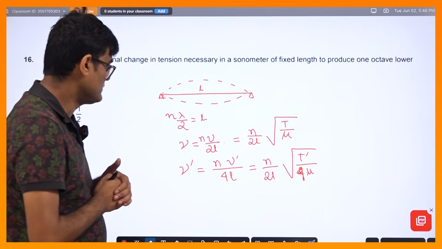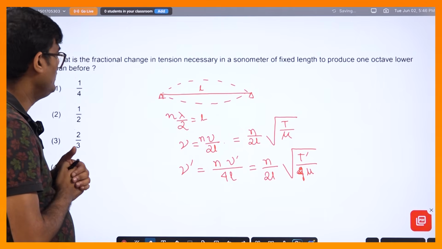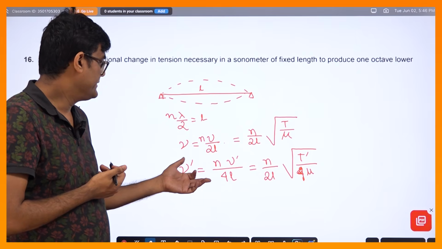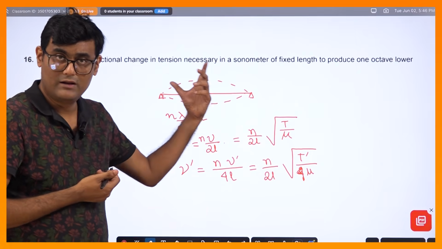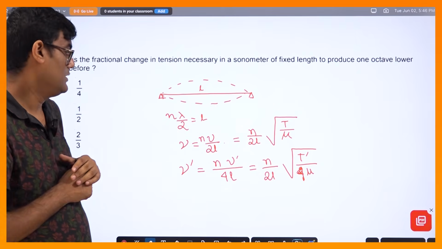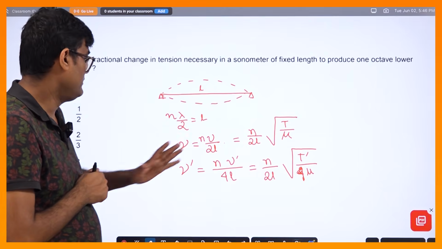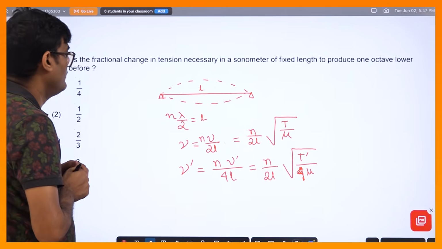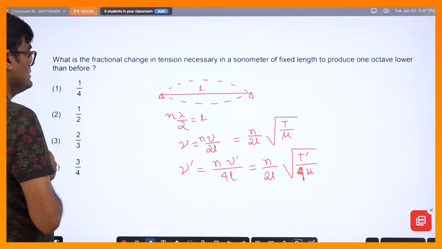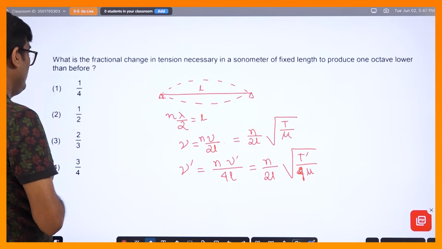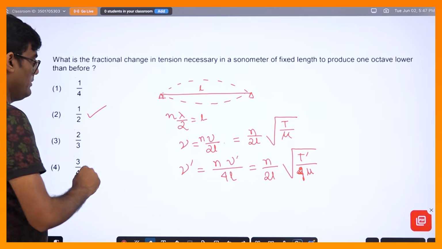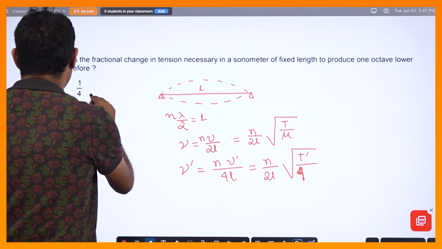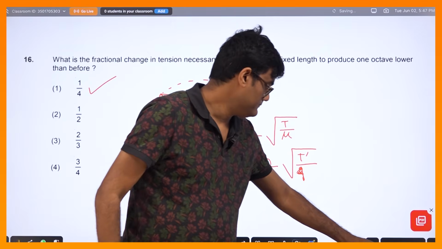Then only we can say that if the tension is 1/4, then it will be 1 octave lower, half of the previous frequency. What fraction? I think 1/4. The tension is 1/4, right? So I think option 1 is the correct choice.